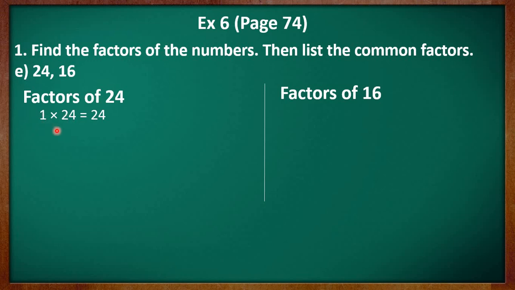So let's check by 2. Kids, we may divide 24 completely by 2 and it will give us a quotient 12. So you may say that the multiplication fact 2 multiplied by 12 is equal to 24 will give two factors, which are 2 and 12. Now let's try by 3. Kids, you can divide 24 completely by 3 with a quotient 8.